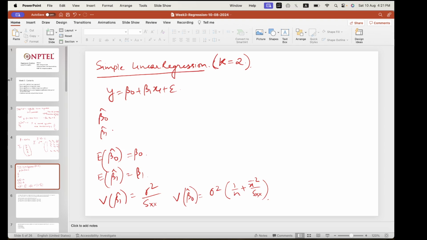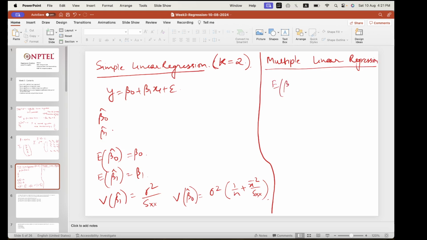What happens in case of multiple linear regression? The same thing holds for multiple linear regression as well. Here also we see that expectation of beta hat is equal to beta, and variance of beta hat is equal to sigma square x transpose x inverse.